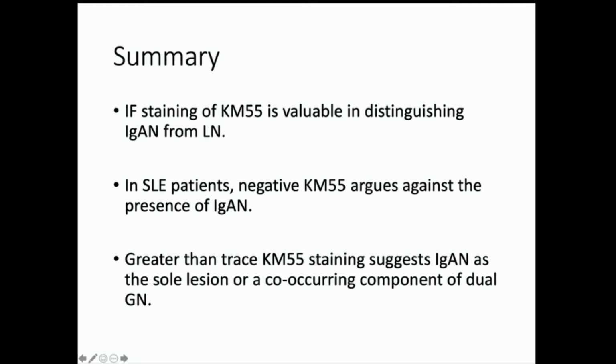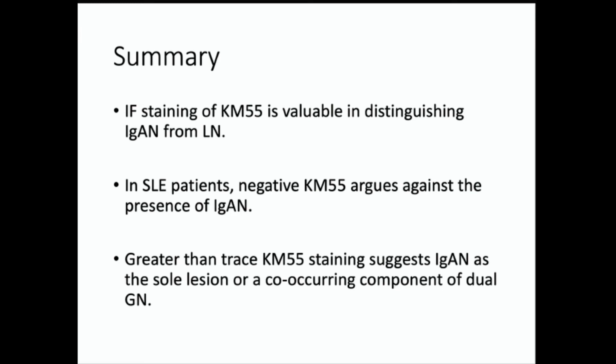comfortable that KM55 can distinguish IgA from lupus, whether in non-lupus compared with lupus patients, or in IgA nephropathy in lupus patients. And for lupus patients, we also feel comfortable that if KM55 is negative, the patient does not have IgA nephropathy.